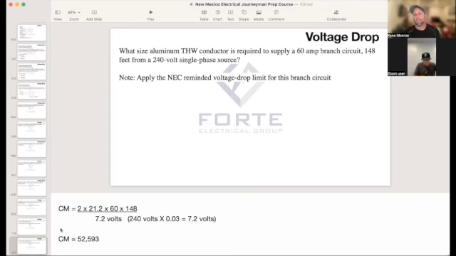Now remember, when they're asking you for size, it does not matter whether it's aluminum or copper. Size is size.